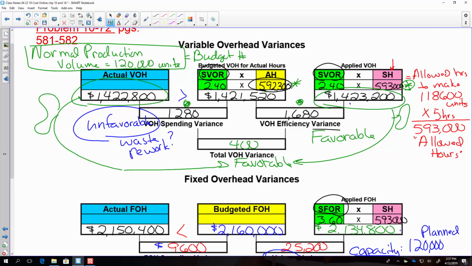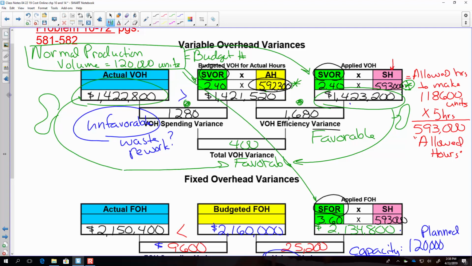And it's used to determine our standard variable overhead rate and standard fixed overhead rate, the green boxes. So this budget number helps us get our SVOR, standard variable overhead rate, as well as our standard fixed overhead rate.